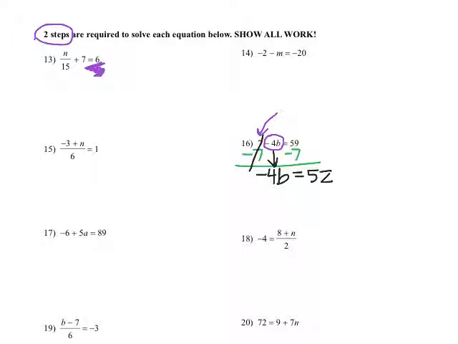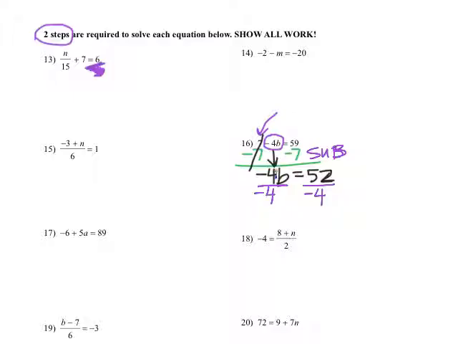Okay, so for my first step, I subtracted, and now I have to do one other step to finish this problem. And I notice that I have a b here on the left side. How do I get rid of the -4 that is right next to that b? I know this is a multiplication, so I'm going to undo that by dividing by -4.